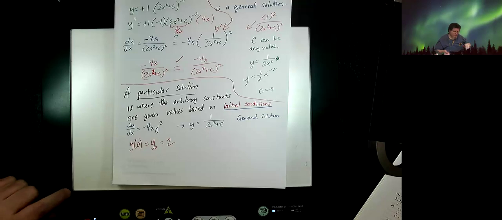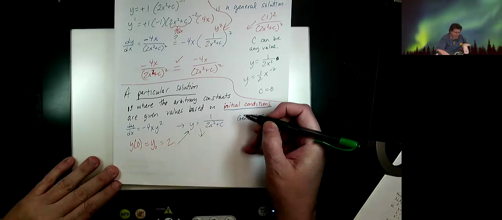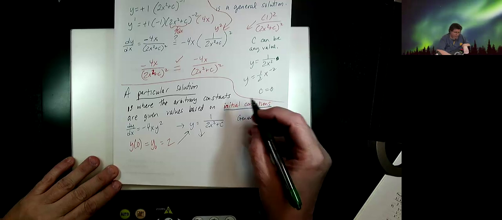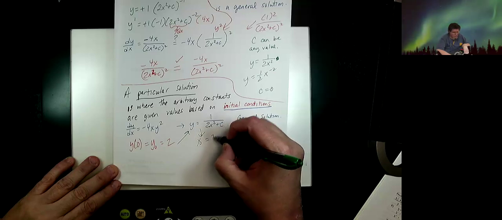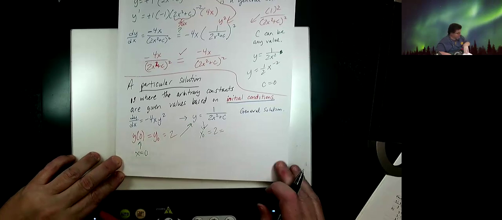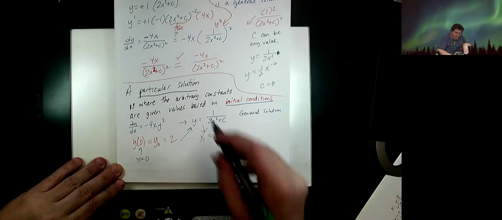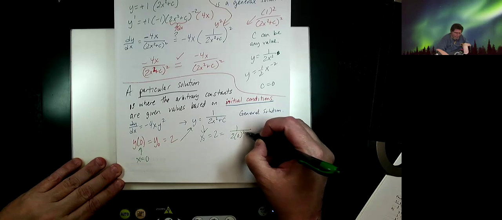So when you have the general solution, you basically just plug this in there and it pops out like this. y of 0, which is 2, equals, this is saying x equals 0 there, 1 over 2 times 0 squared plus c.